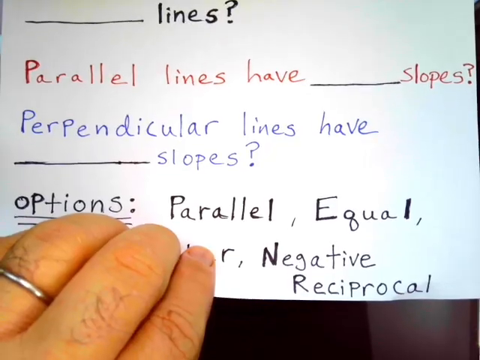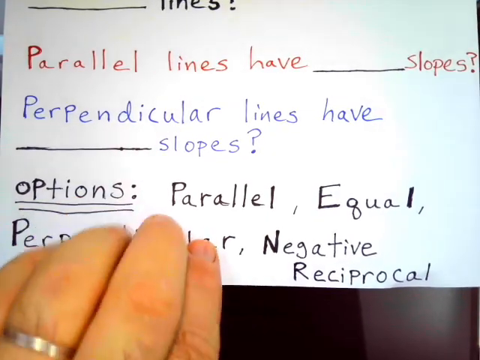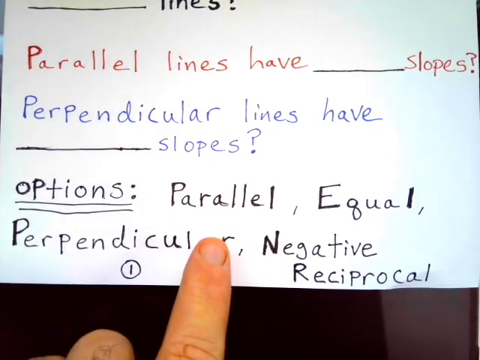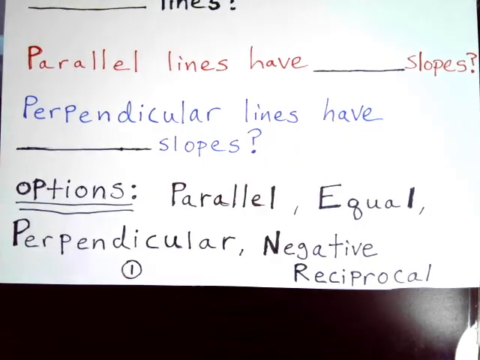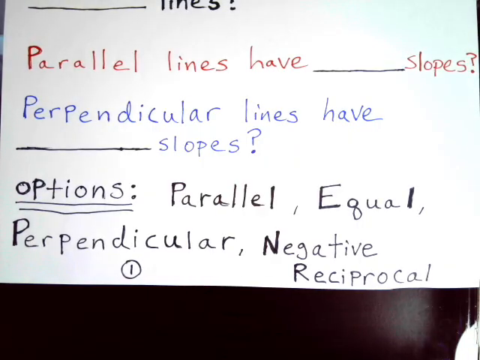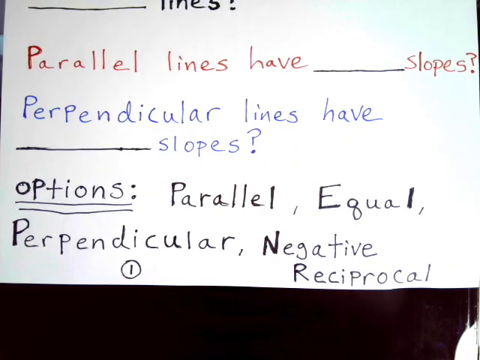Perpendicular lines have blank slopes. Fill in the blanks with either parallel, equal, perpendicular, or negative reciprocal.